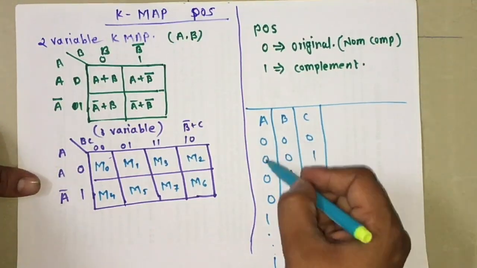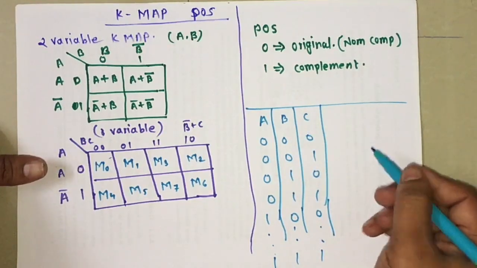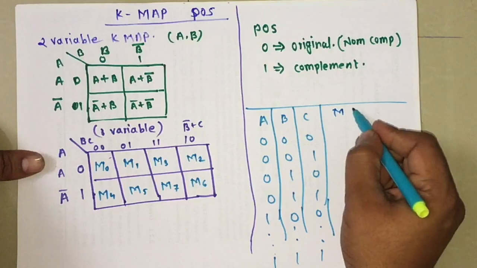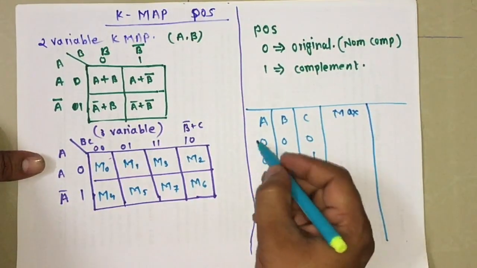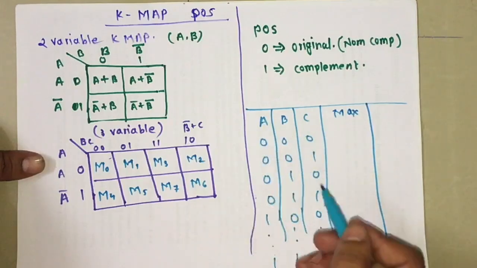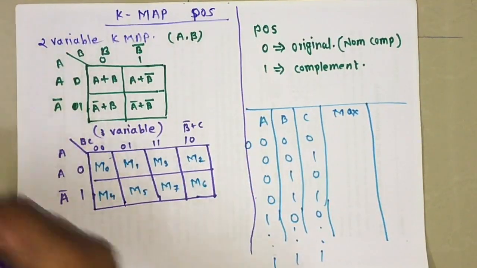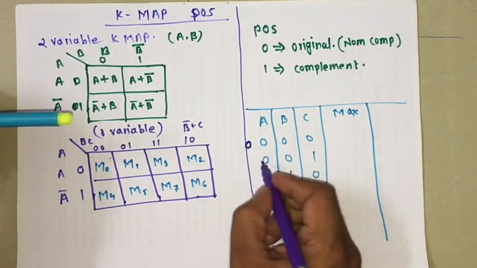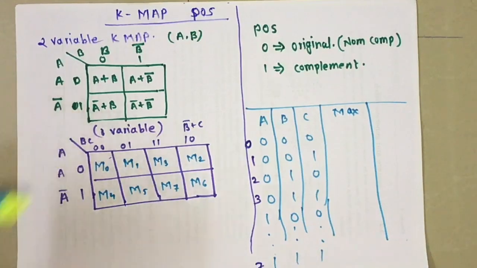Just for cross checking purposes we will take 2 or 3 values only. So how do we find the max term? You need to indicate these terms in decimal form, like 0, 1, 2, 3 up to 7.